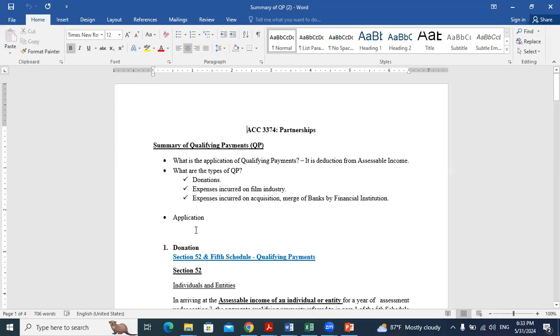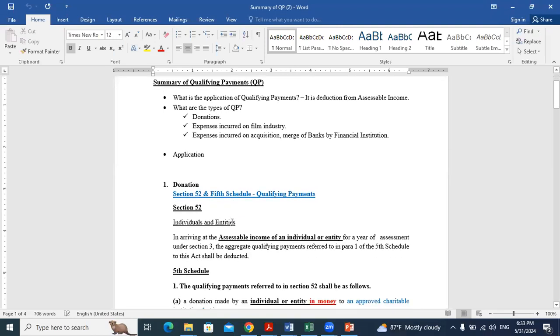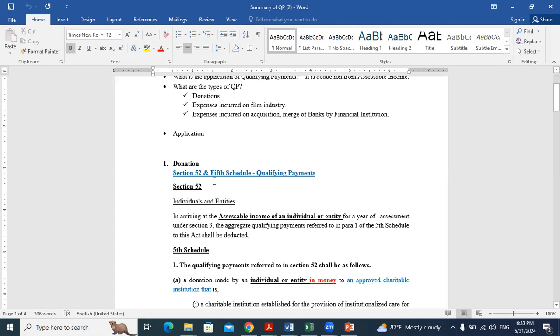Now, the application of qualifying payment. We will discuss donations. These are available in section 52 and in the 5th Schedule of the Inland Revenue Act.